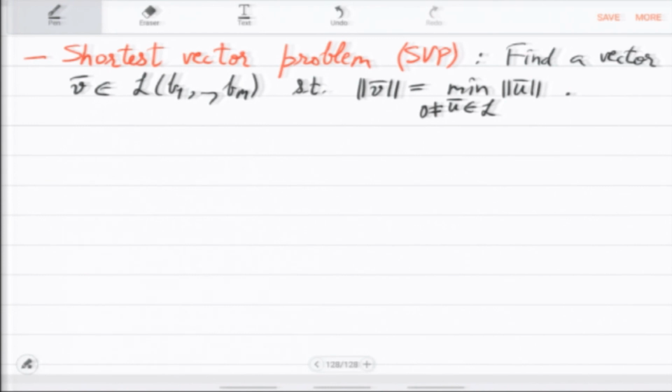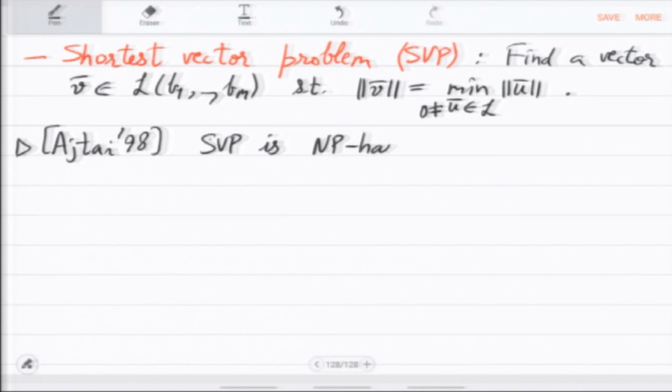This may not be immediate, but this is a very hard question. And not very long ago, Ajtai was the first one to show that this is NP-hard. And soon after, Micciancio showed constant inapproximability of SVP.